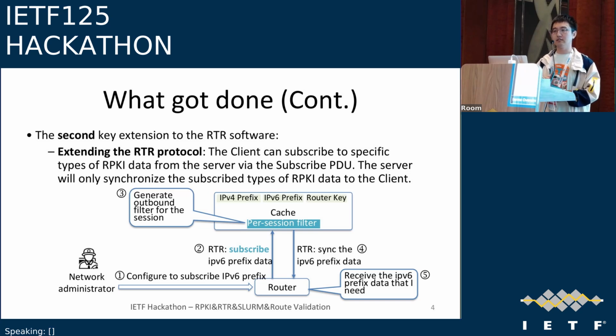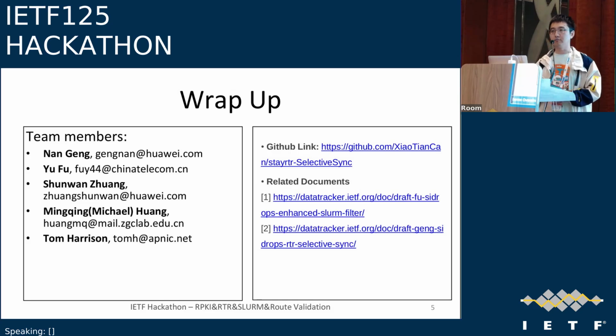It allows the router to send a newly defined PDU to subscribe to the RPKI data. So only the RPKI data that are really needed by the router will be synced to the routers. And here are the team members, GitHub link, and related documents.